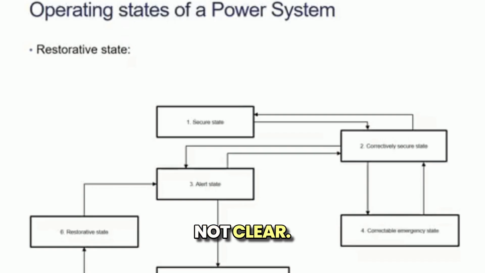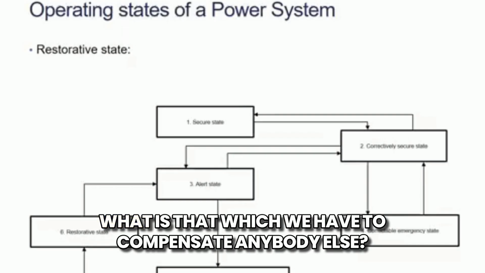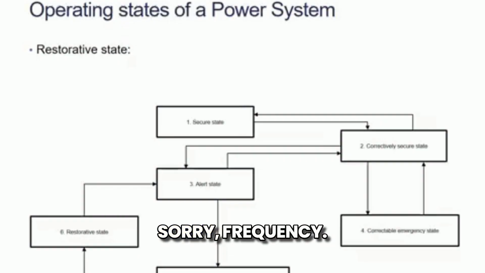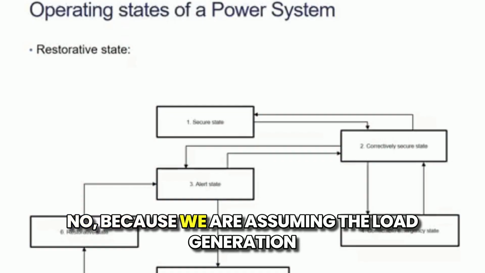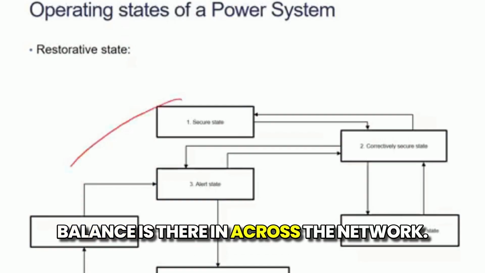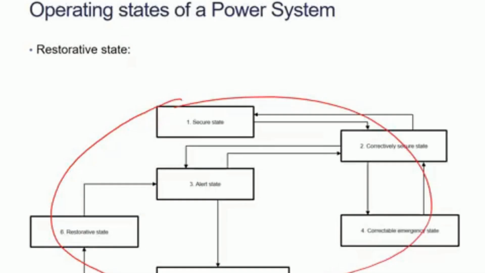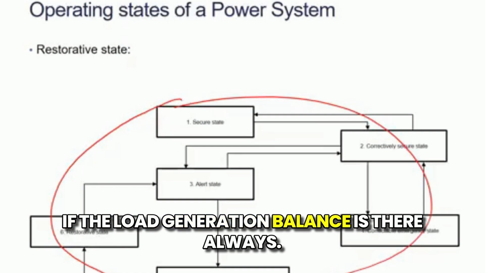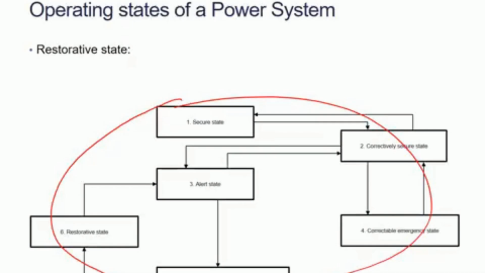We have to compensate something, but what is that which we have to compensate? Anybody else? Frequency or voltage? No, because we are assuming the load generation balance is there across the network. If the load generation balance is always there, that means there is no issue of frequency.